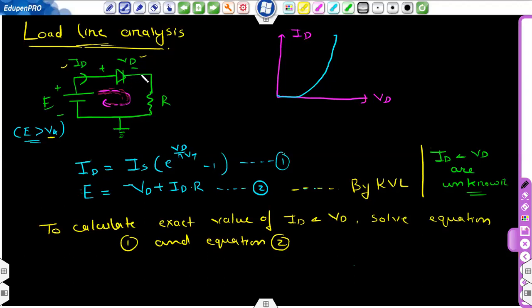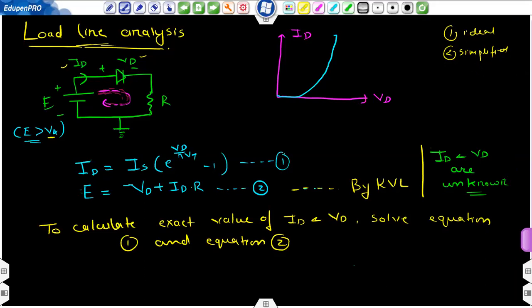This is the voltage drop across the diode, and this is the external resistance R. What we usually do is either take an ideal diode, which is what we have done till now, or a simplified model. In the simplified model, we assume that Vd will always be equal to Vk. We have fixed one value. And the third case is the piecewise linear model.